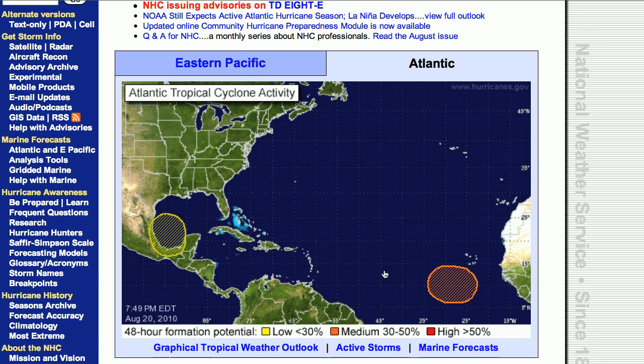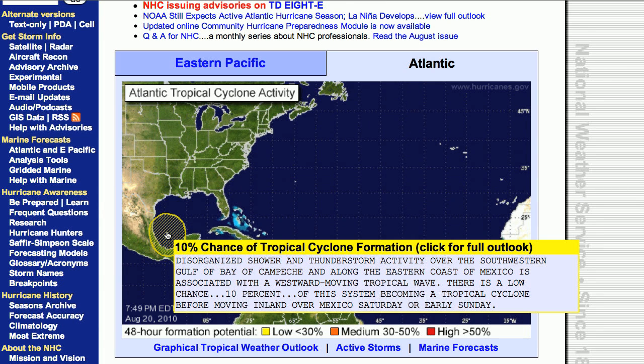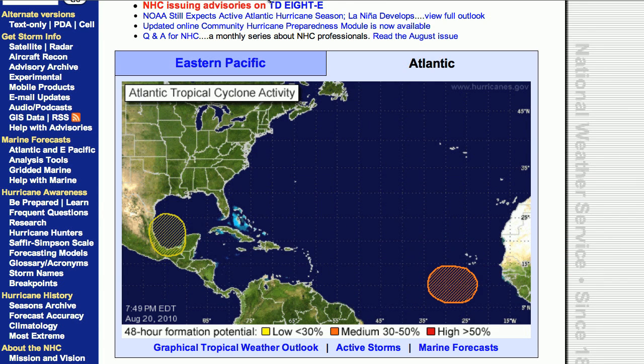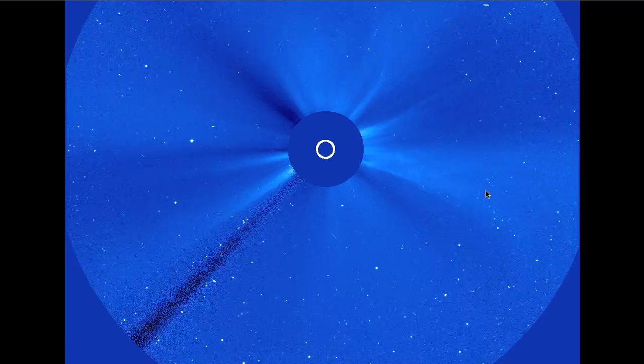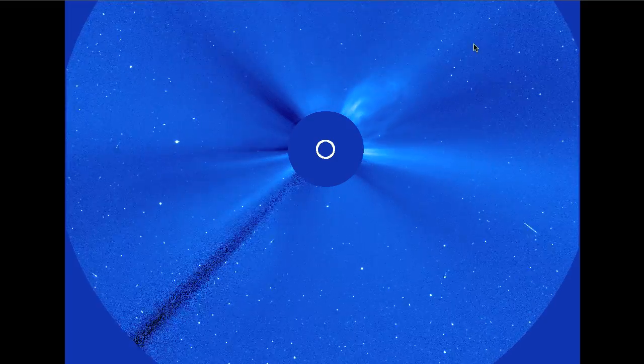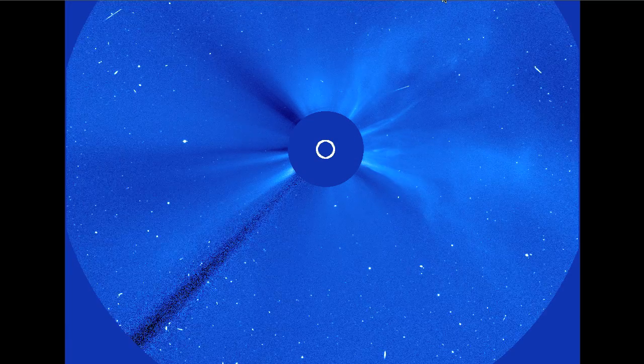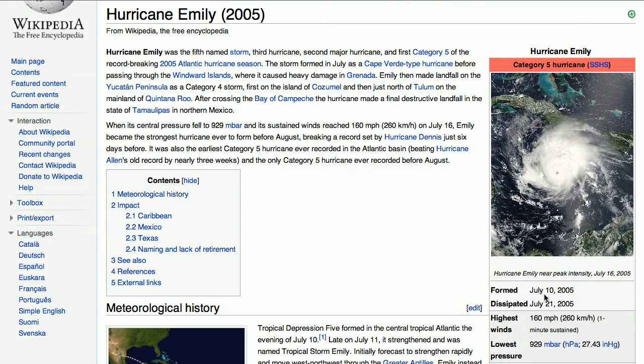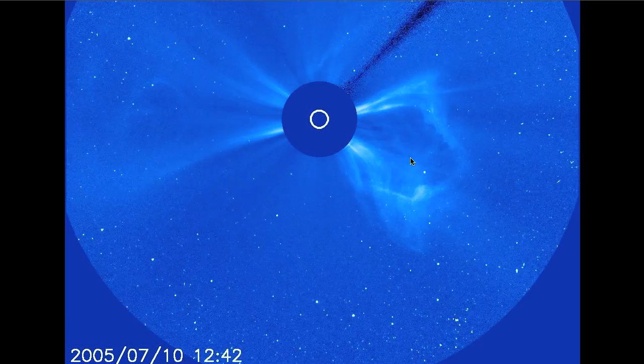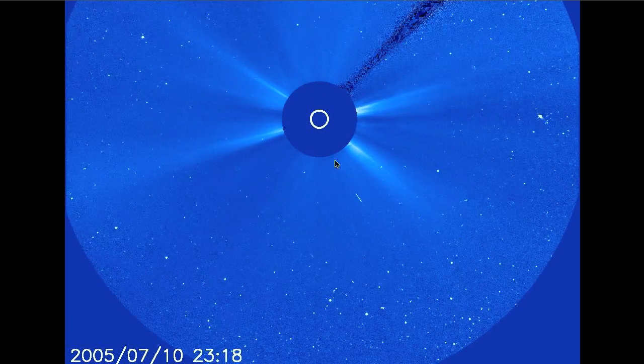And the profile of this particular disturbance is very similar to the profile from Hurricane Emily back in 2005. And this is something that I'm going to try to correlate going forward. There were two ejections, very similar to this.